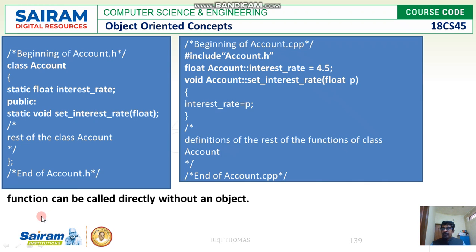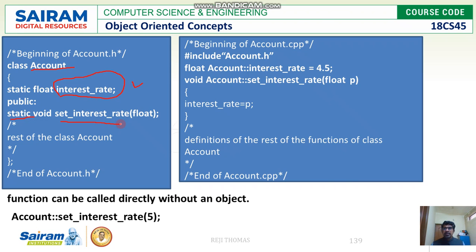Here you can find a class called account, and we have a static data member which is interest rate. At the same time, we have a static member function which is set interest rate.